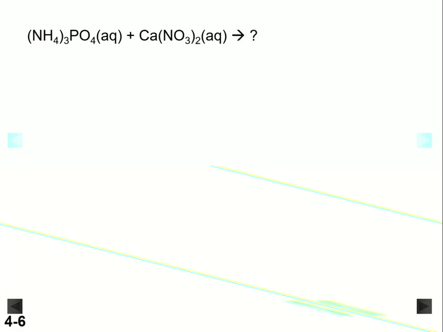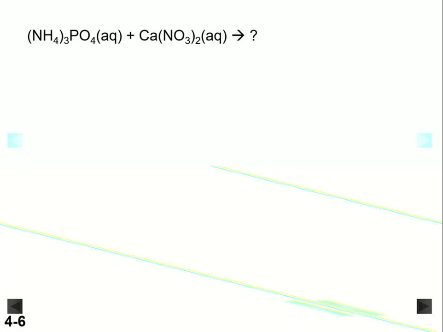If you've gone through and done this yourself, you'll see if we take the ammonium ion with the nitrate ion, so we switch partners there, ammonium nitrate is a soluble salt. That doesn't do anything. The calcium plus the phosphate, of course, that is an insoluble salt because phosphates are insoluble. So that will be our solid product that drives the reaction.